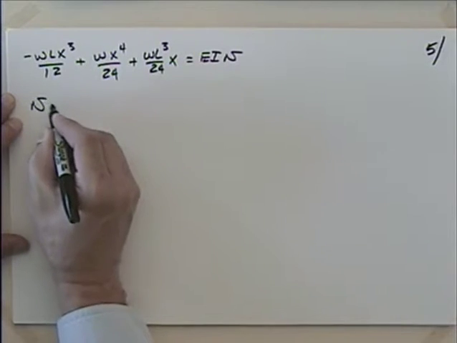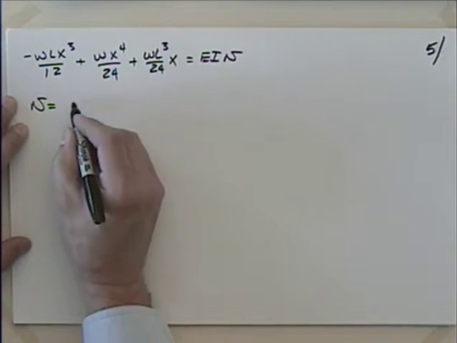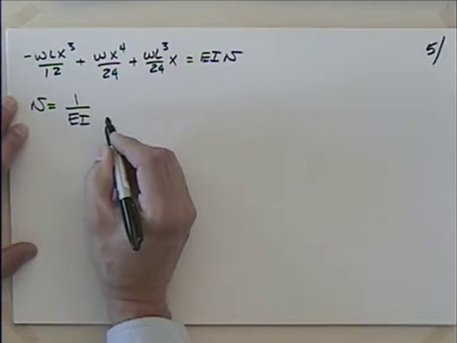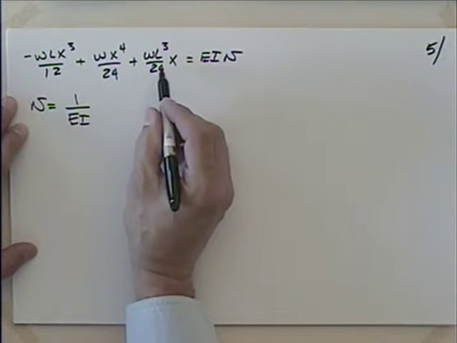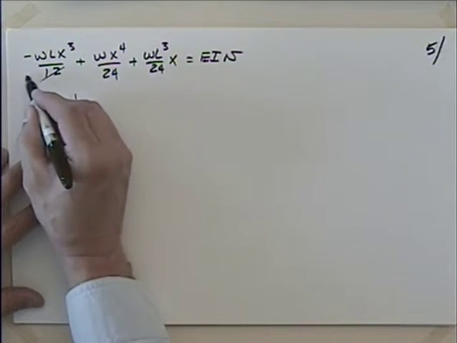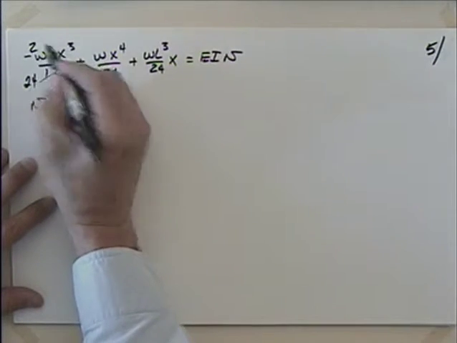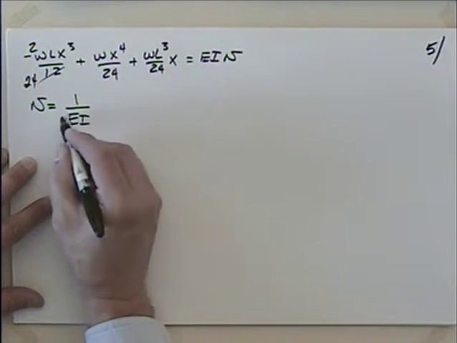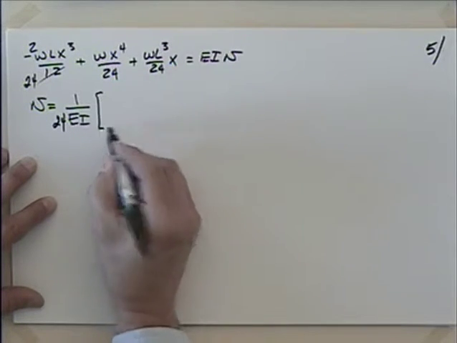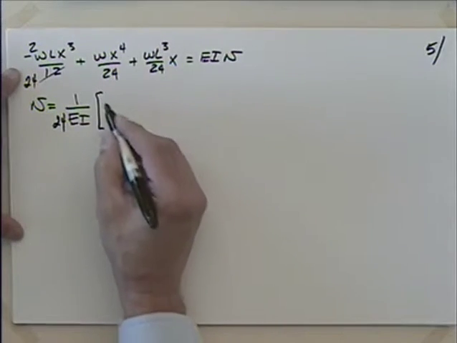Let's see, what are we going to have here? V is equal to 1 over EI times, let's see, if I change this to get me a 24 in there, I could say that if this is 24, I have 2 in there, right? So I'll bring out a 24. And what am I going to have left?